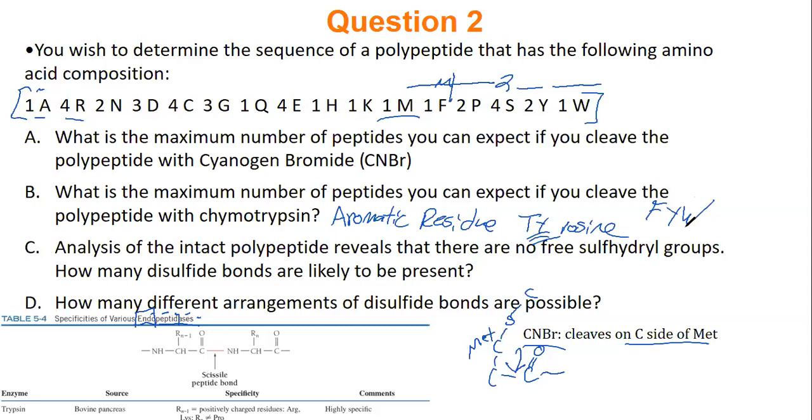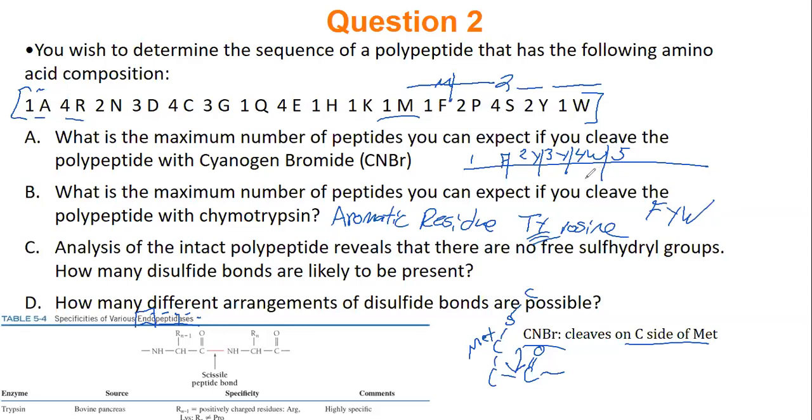And if we think about this, I have a peptide that I know I have 1 F, 2 Ys, 1 W. I don't know if they're in this order, but I know they're in there somewhere. So if I make a cut after the F, after the Y, after the Y, after the W, the maximum number of peptides I can expect is 1, 2, 3, 4, 5.